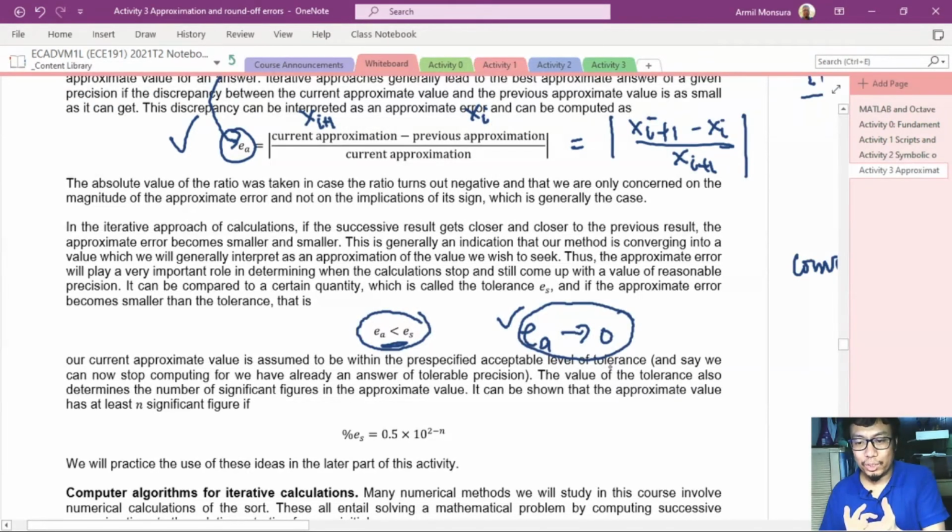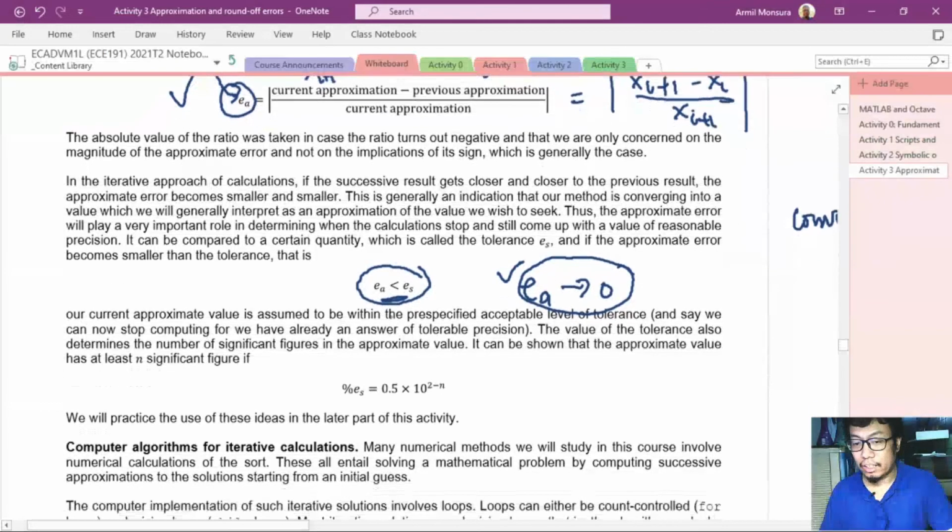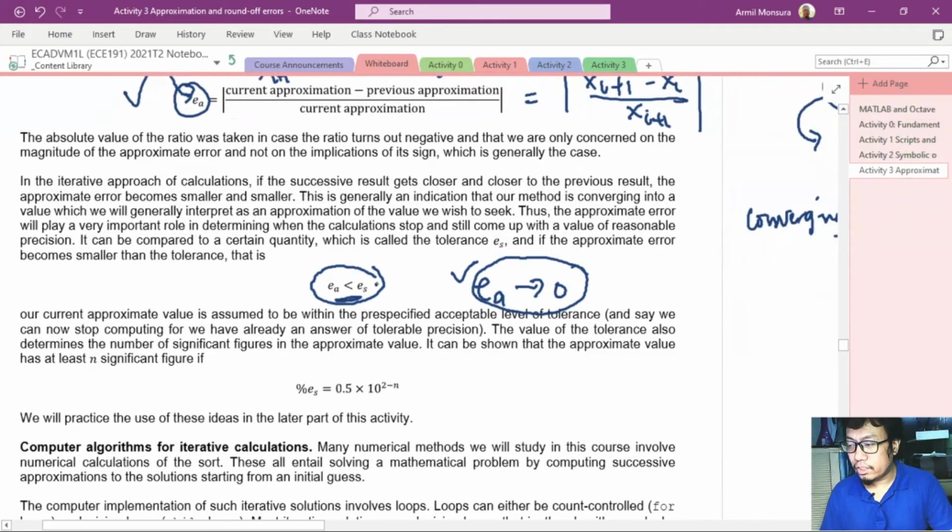Some of those digits are reliable and some are not. So we can make the stopping criterion as something that is lower than a certain value of tolerance. We call this ES, or we use the notation ES for that. This is the tolerance.